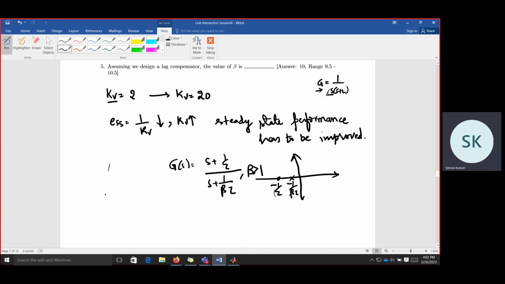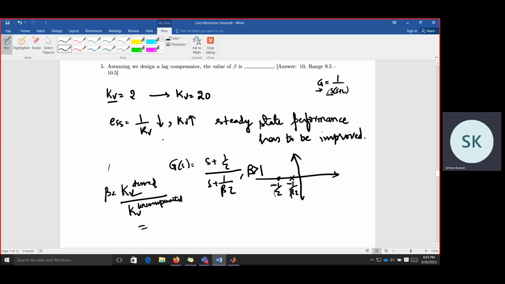Okay. So for beta, we saw in the lectures that beta is equal to kV desired by kV of the uncompensated system, basically the system in which the steady state error has not been improved.